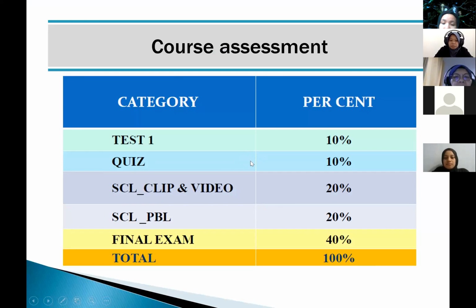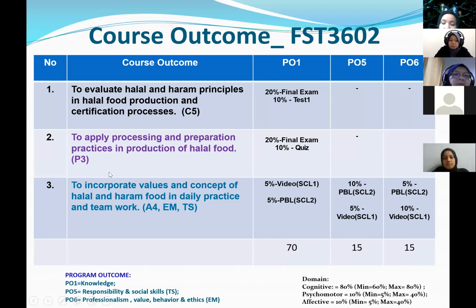Okay, so for this subject, this is the mapping. Just now you saw the course outcomes, right? Three course outcomes, and then we have program outcomes. This is the CO-PO mapping. If you see this domain in all the courses, it means that the lecturer has to teach the student to reach this level of domain or cognitive level.